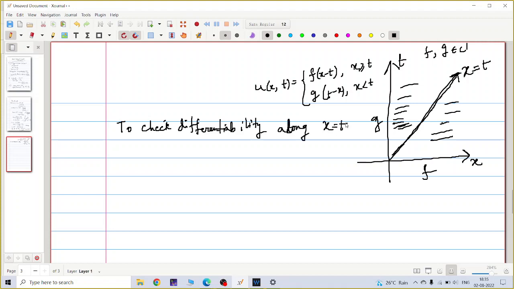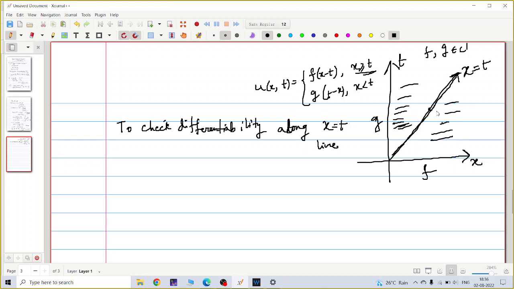I only need to check differentiability along this line, because in the other regions u is already differentiable, since u is a function of f and g only. But it breaks at x equal to t, so I will check along this line.